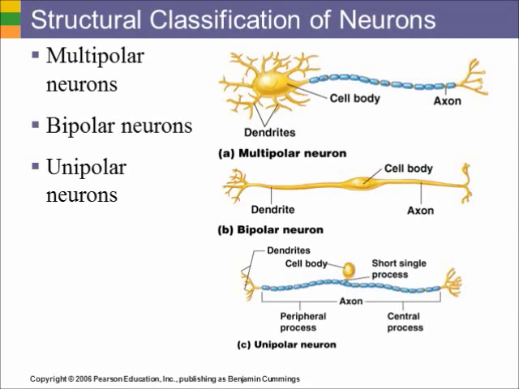Remember, the dorsal root ganglion is carrying sensory nerves. So as a general rule, sensory nerves, like those carrying information about pain, touch, taste, going to the spinal cord, are going to be unipolar neurons. So they're not very rare, but they're not nearly as numerous as multipolar.